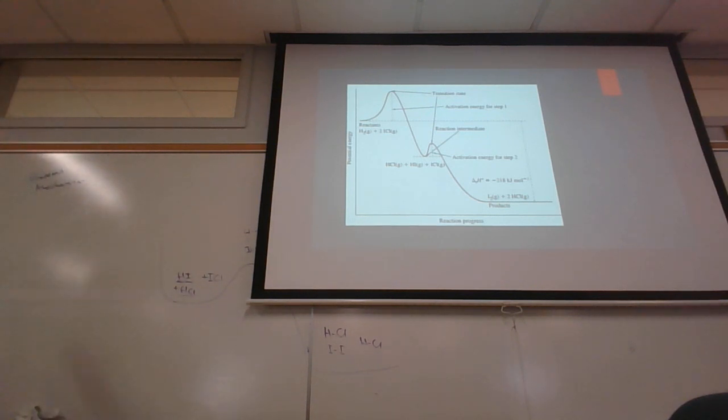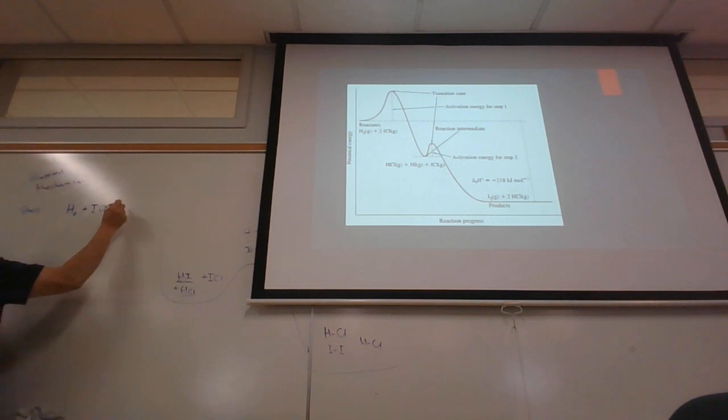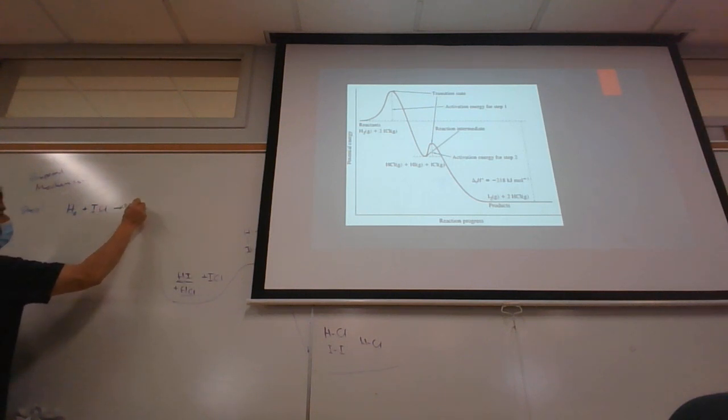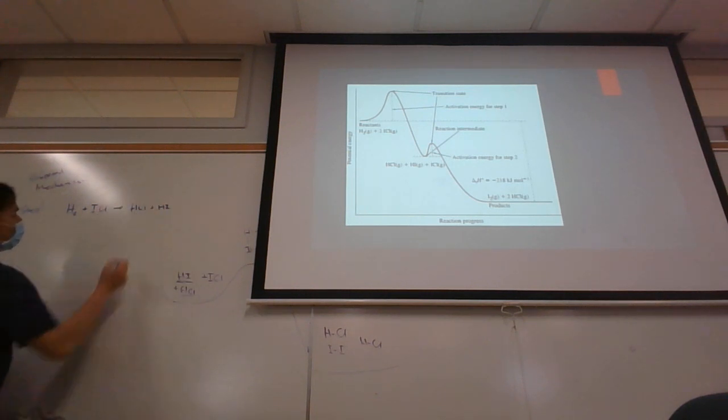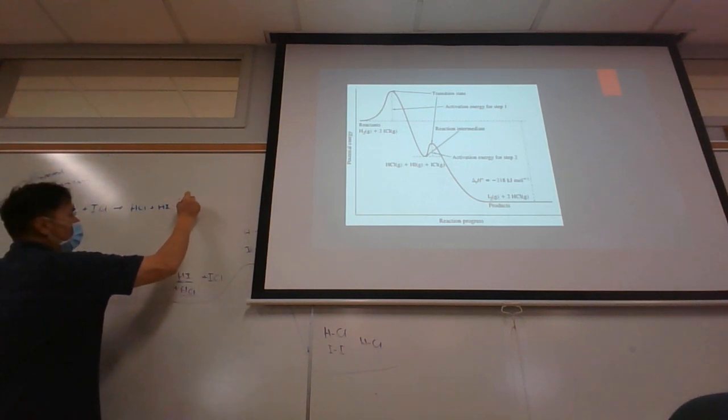Step one: H2 plus ICl yields HCl plus HI. This we're going to call slow.